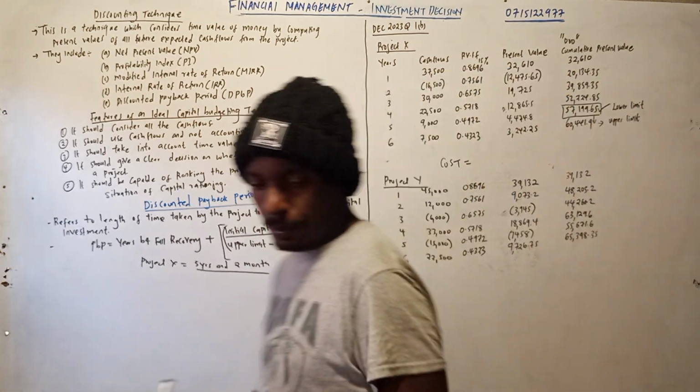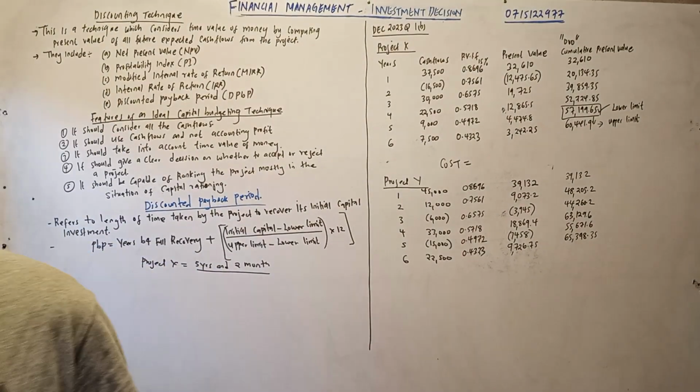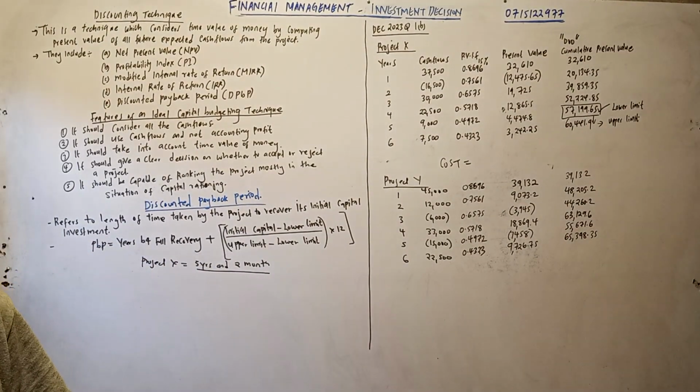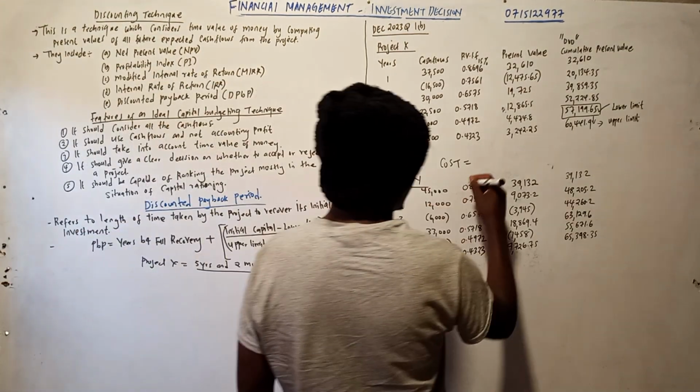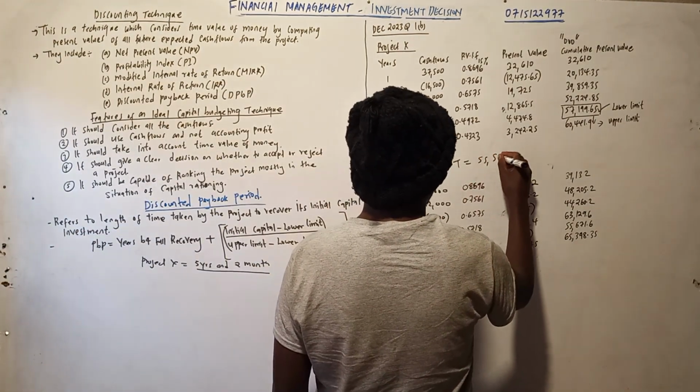So that we see the period of recovery. Now the cost for project Y was 55,500.